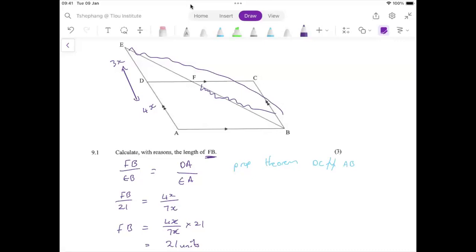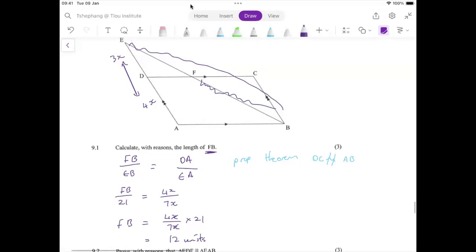Somebody's saying, how come FB be equal to EB? No. We didn't say that they're equal. Okay, I see what you're saying. It's a silly mistake. Yes, sorry. It must be 12 units. I didn't use a calculator to calculate that. 3 times 4, I said it's 12, but I wrote 21. My mistake. They're not equal.